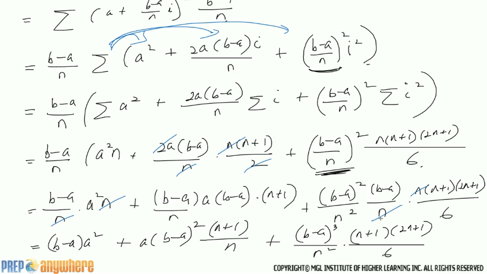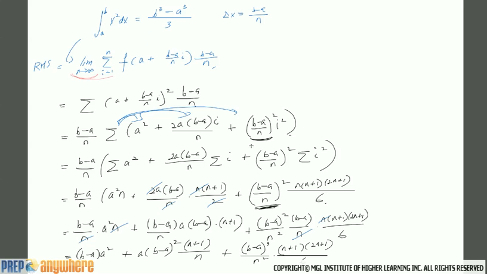Okay, now we have to do the limit. Before we do the limit, let me continue up here. (b minus a) squared does not get affected by the limit as n approaches infinity. The second one, (b minus a) squared, this one you have to divide top and bottom by n. So you get 1 plus 1 over n. This one here, the third term, you gotta divide top and bottom by n squared. And then we get (b minus a) cubed over 6.